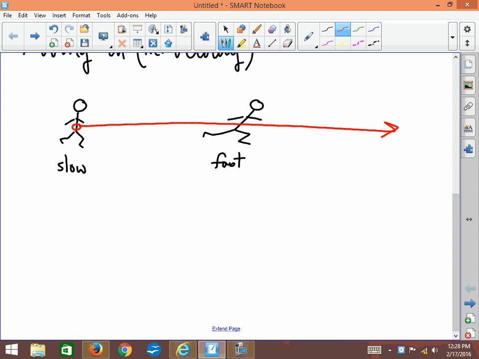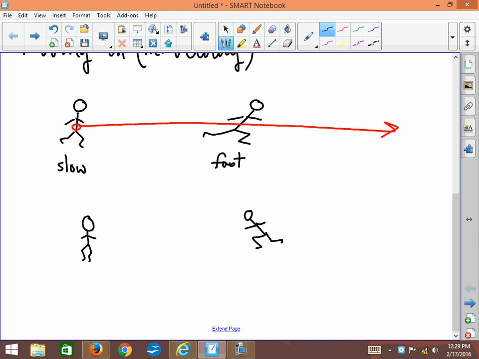Okay? But if you envision somebody starting here and walking slowly, sorry, I got that backwards. Walking fast, running fast. Let's make them running fast here in the other direction. So running fast, and then over here ending up going slower.